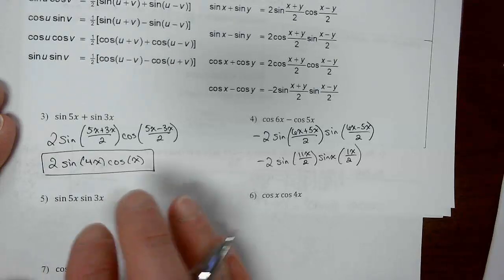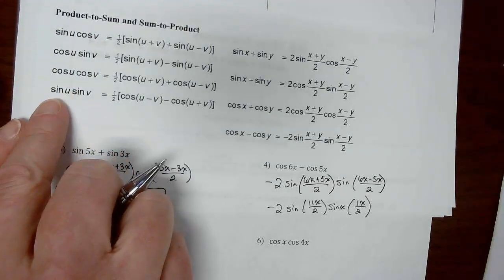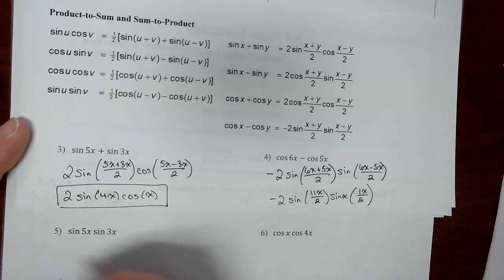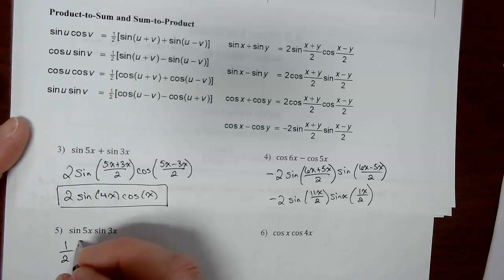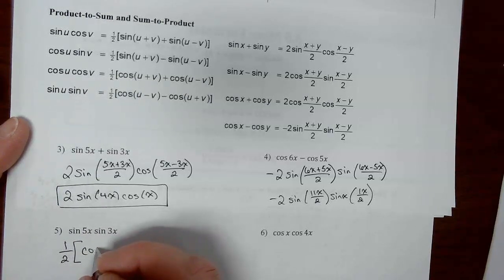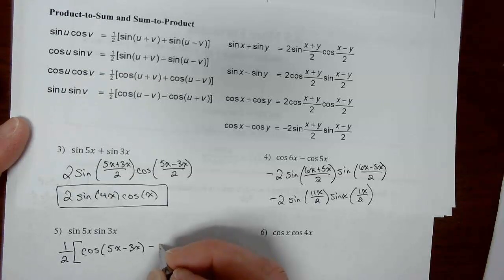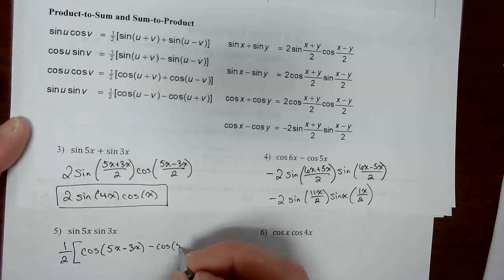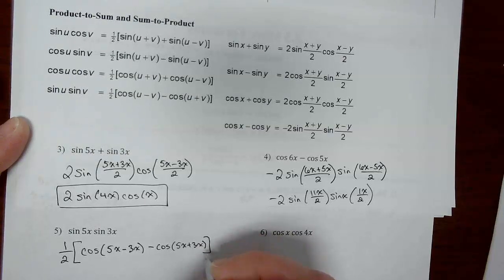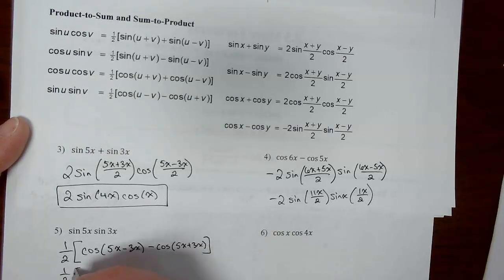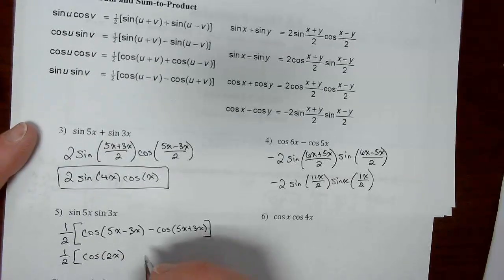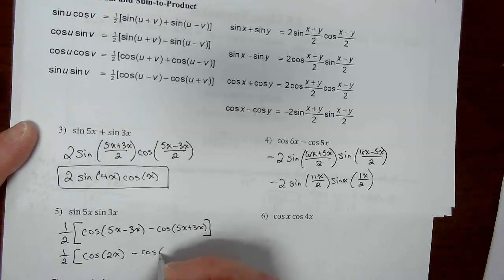Ooh, sine times sine. Oh, that goes over here. Sine times sine. So that means 1/2 of cosine of first minus the second minus cosine of first plus the second. Okay, so that's 1/2 of cosine of 2x minus cosine of 8x.